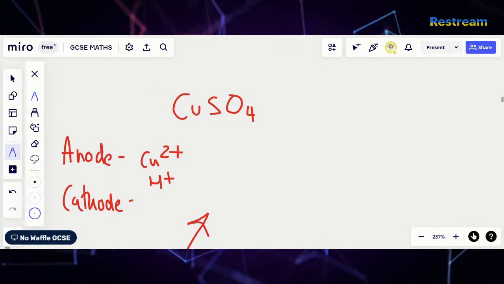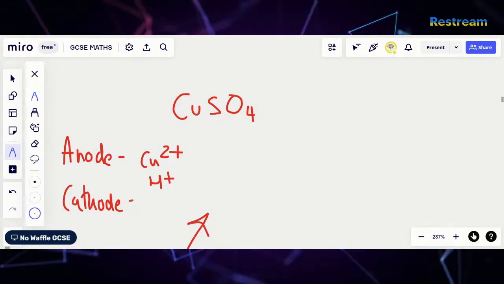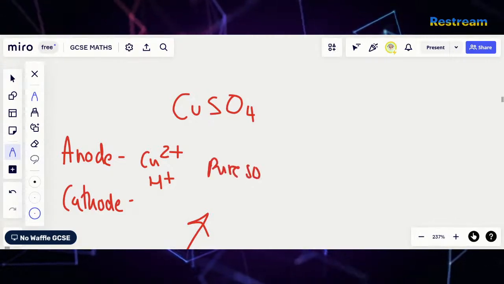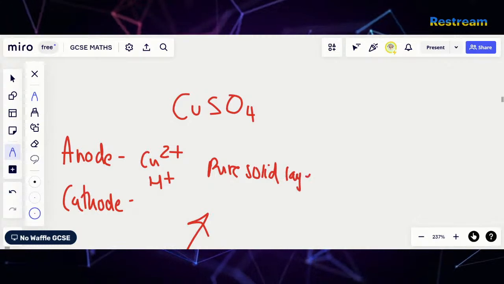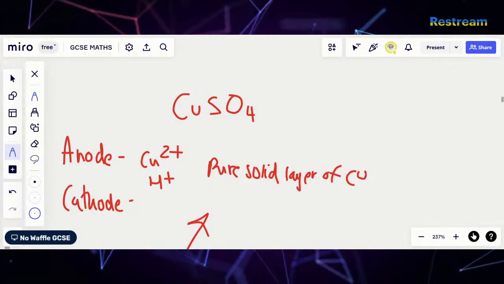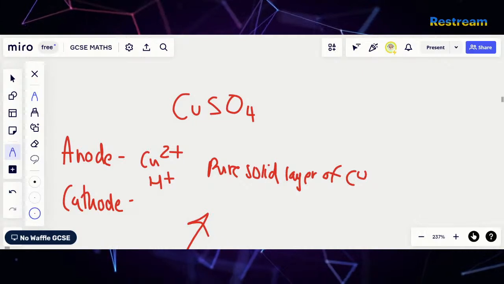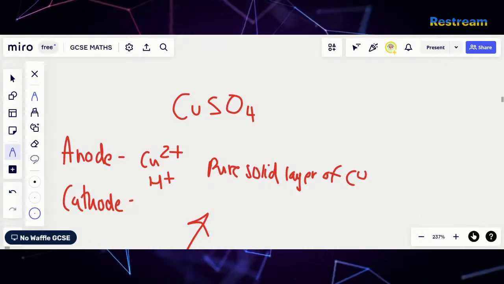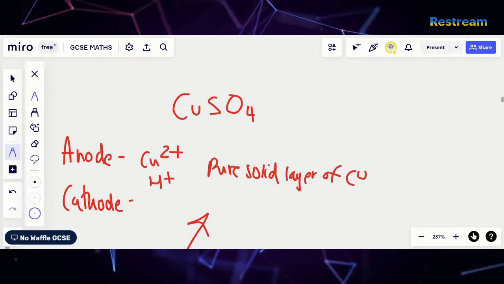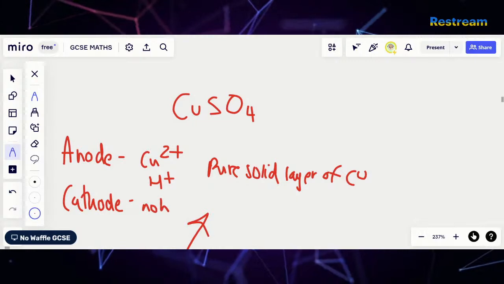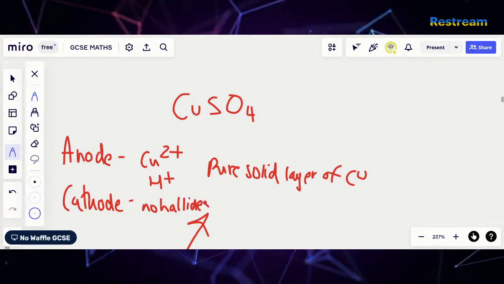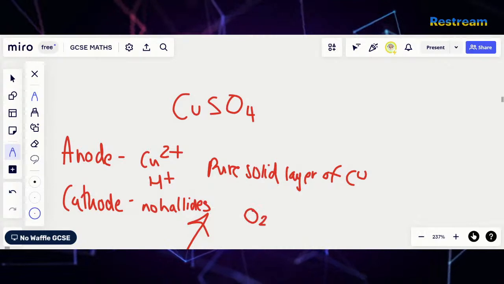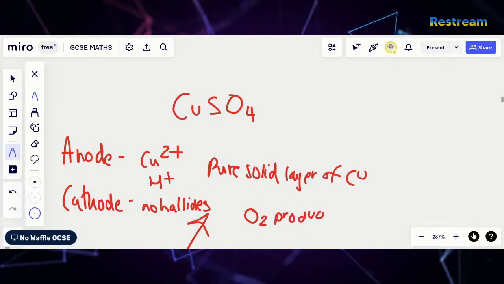Now, copper, as we know, is less reactive than hydrogen, and therefore you will see a pure, solid layer of copper. At the anode, we have a sulfate ion. Now, there are no halides present. And when there are no halides, that means that oxygen is produced and the OH minus ions are discharged.